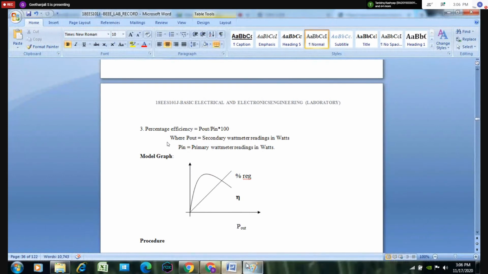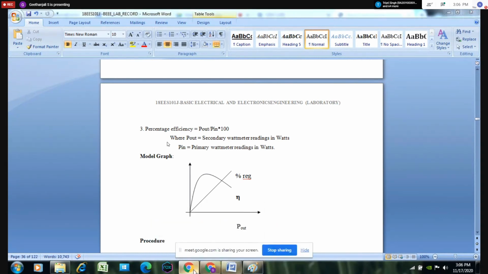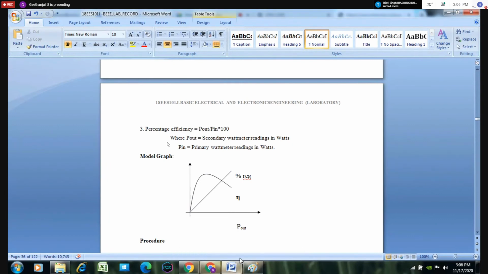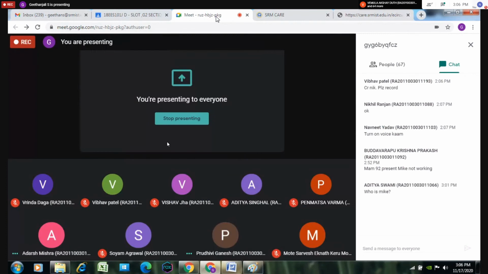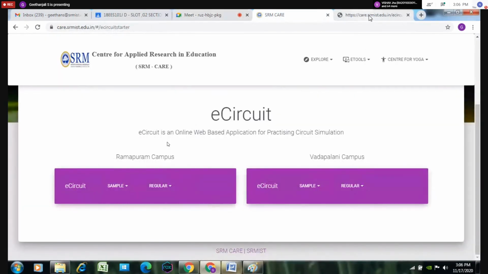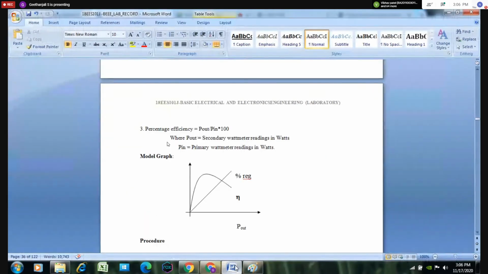How much value are you getting for the efficiency? Output divided by input into 100. What is the efficiency value? Anybody? See, you tell the answer for the efficiency, then only I will tell the next step.